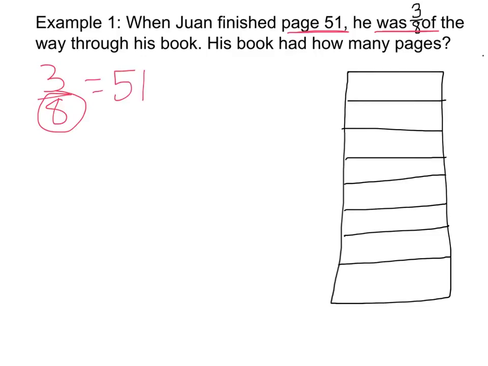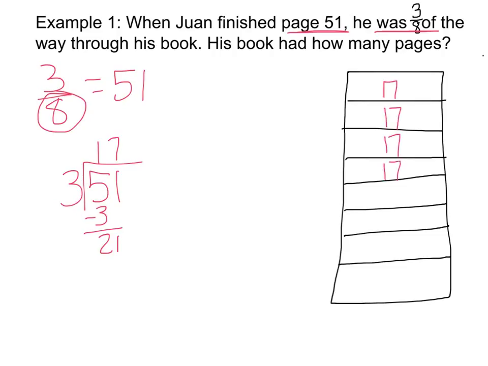Now, 3/8 is equal to 51. To figure out how many pages then go in each eighth, we can divide 51 by 3. So each box is going to contain 17 pages. We know that 3 of them is equal to 3/8.